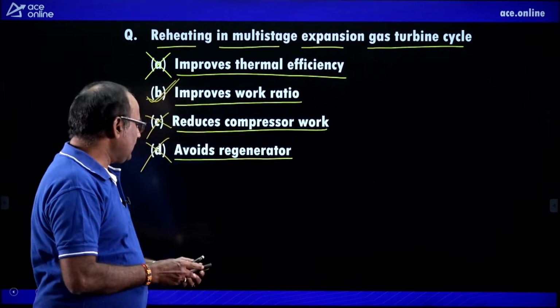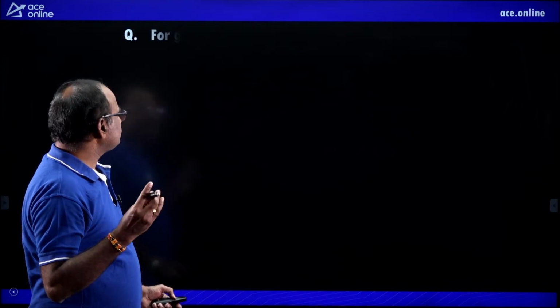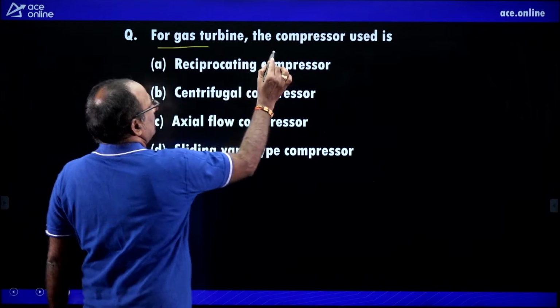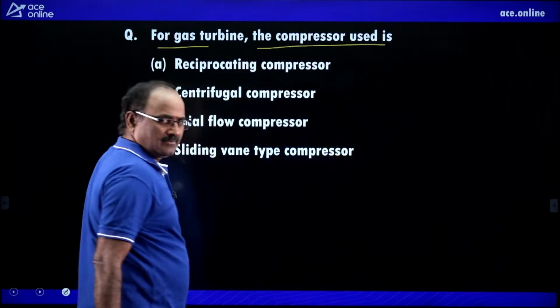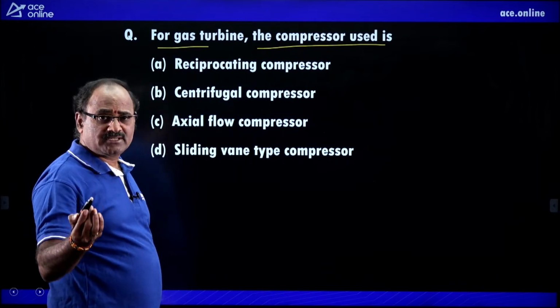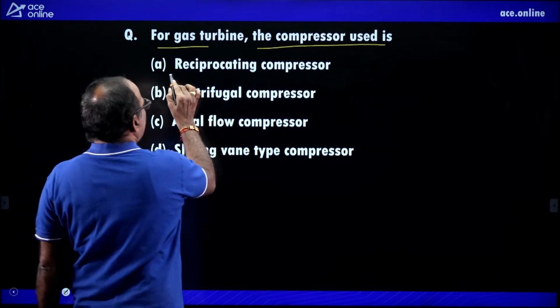Okay, similarly, look at the next question. Try to read it clearly. For gas turbine, the compressor used is... gas turbine power plant lo ఏ type of compressor యూజ్ చేస్తాడు అని అడుగుతున్నాడు. Reciprocating compressor?